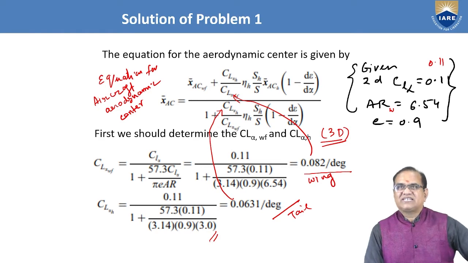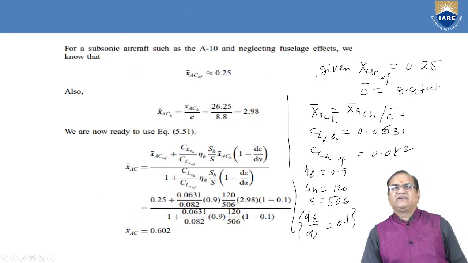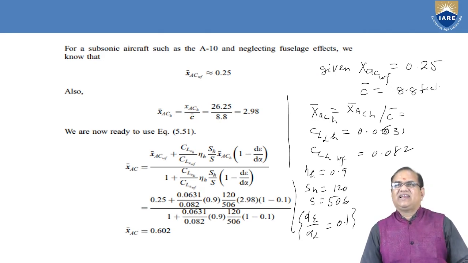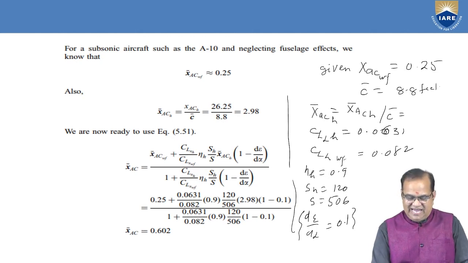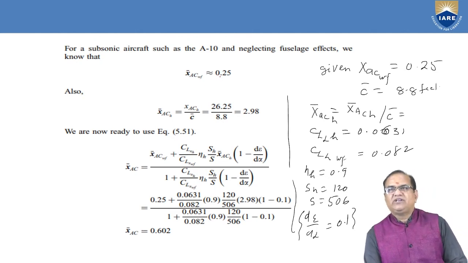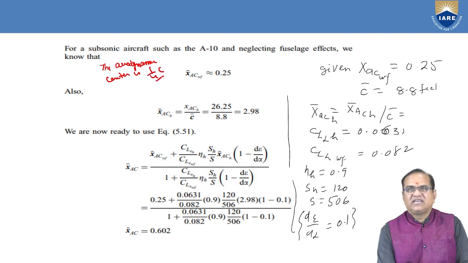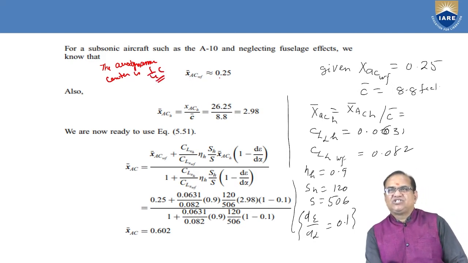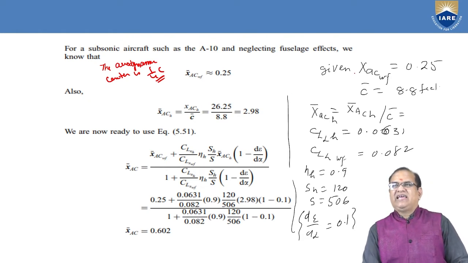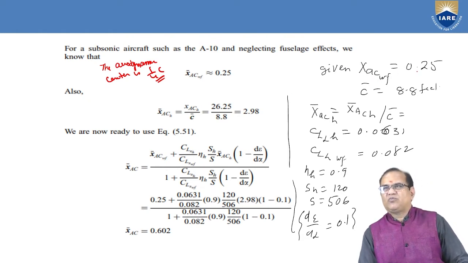Going to the next slide, you can see that for a subsonic aircraft such as the A10, neglecting the fuselage effect, we know that XACWF is 0.25. The aerodynamic center is at 1 by 4 C. So XAC wing fuselage is 0.25, and C bar is given as 8.8 feet.